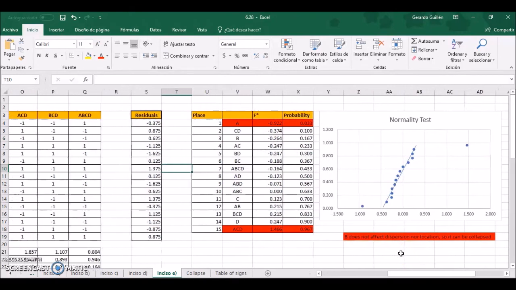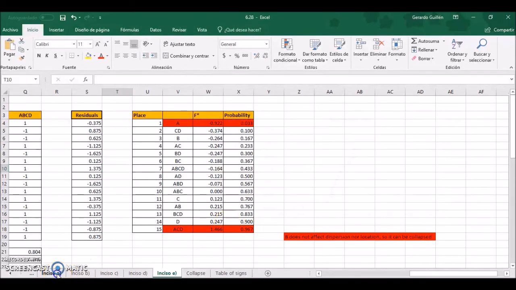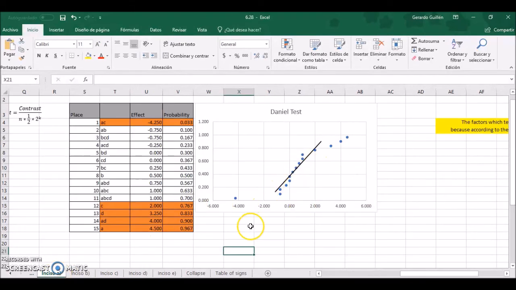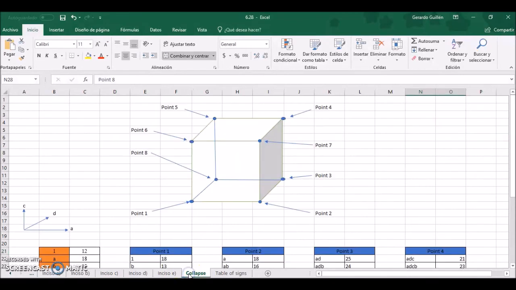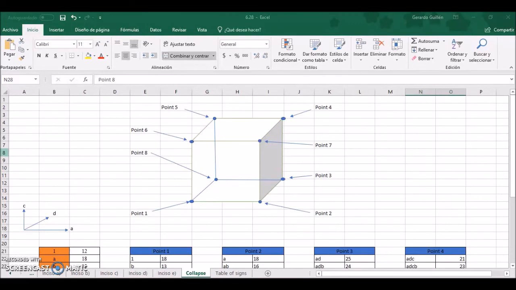And in a normality test, the dispersion tells me that only A and ACD affect, because B is not in the dispersion in the normality test nor in the location. I can tell B does not affect the dispersion nor the location, so it can be collapsed into a 2^3 design with 2 replicates. Because it can be collapsed, I'm going to design a cube.